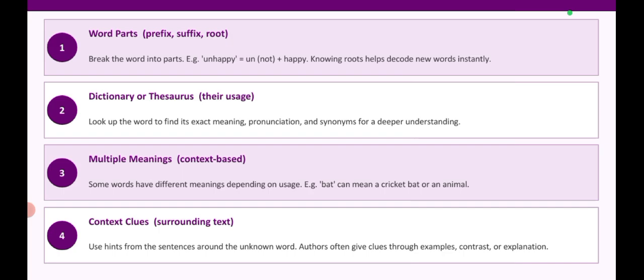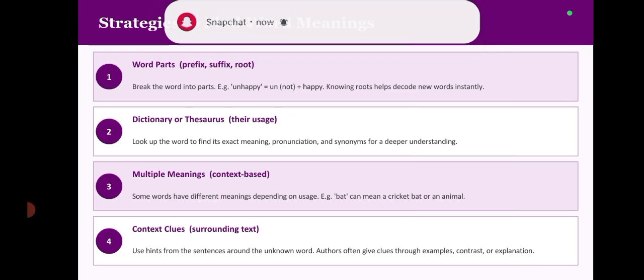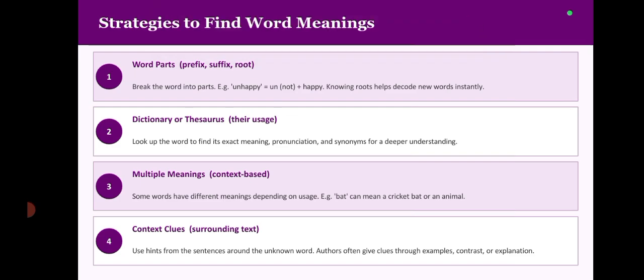So these are the 4 strategies that you need to understand for your comprehension of the meanings. For example, if you are given a certain passage, if you are reading a book, how can you make yourself understand the unfamiliar words? With these 4 strategies you can get yourself acquainted with the new words.